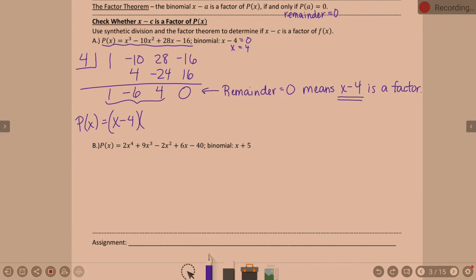What do the 1, negative 6, and 4 represent? 1x, what power? Squared minus 6x plus 4.